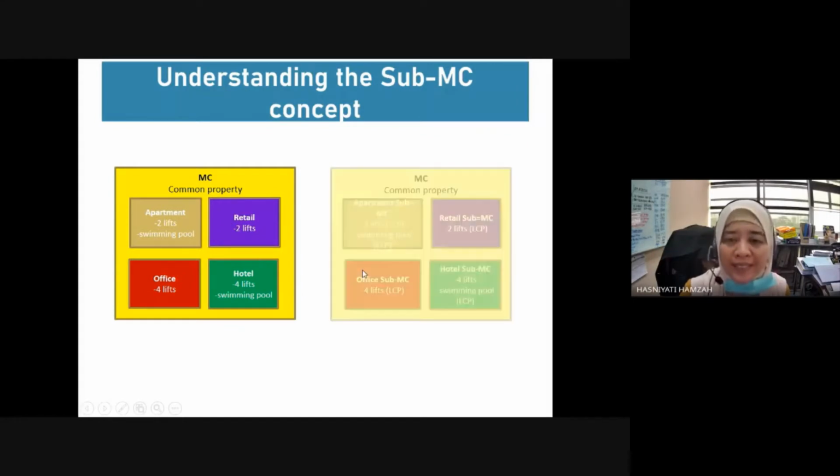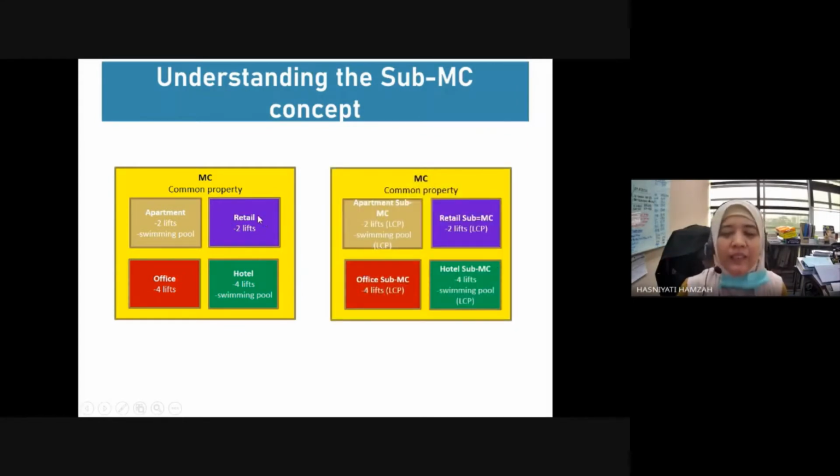Once we designate, that means we do the demarcation, the boundary demarcation of the limited common properties. Once we agree in the general meeting that these are the limited common property, then we have limited common properties. Before we have the MC, these common properties are simply common properties owned by everybody and must be maintained by the MC.